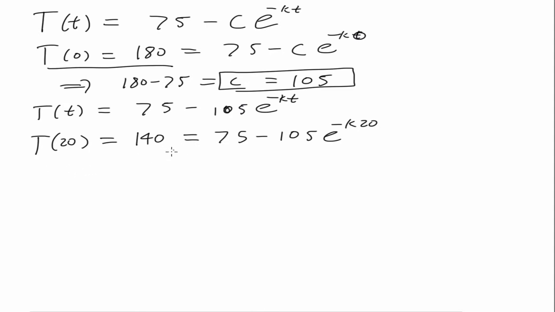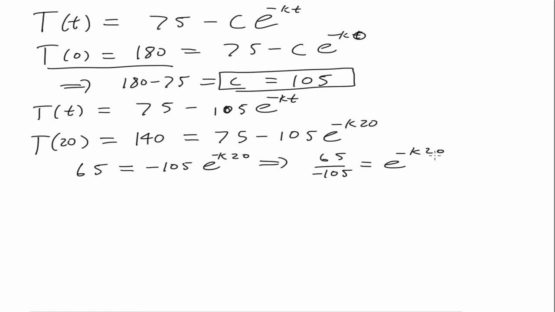So we have 140 minus 75, that's 65. Okay, so what we have then is 65 is equal to negative 105 e to the negative k times 20, and then we divide by negative 105, so we get 65 over negative 105, and that's equal to e to the negative k 20.